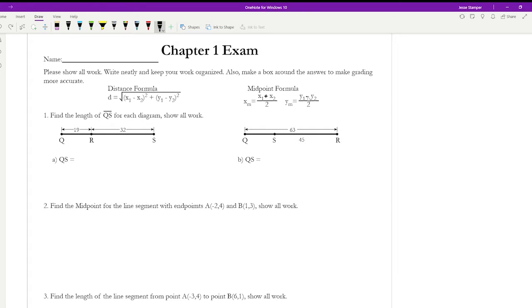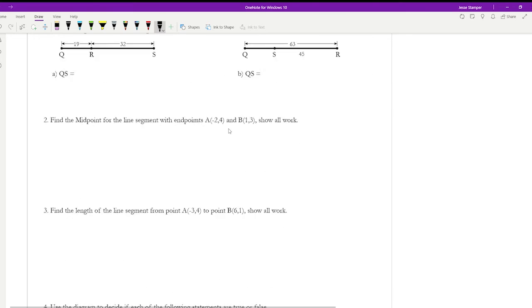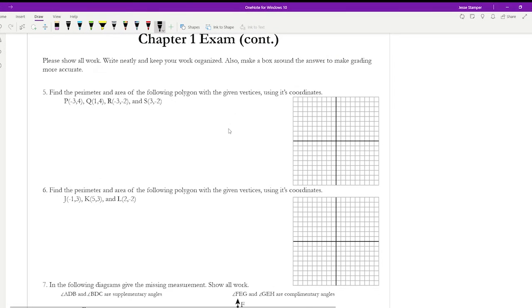And y1 plus y2. It is plus, not minus. Yes, I did that wrong on the exam, but like I said, I did not count you all incorrect on that. Also, this is not supposed to be a 1. It's supposed to be Q 3, 4.